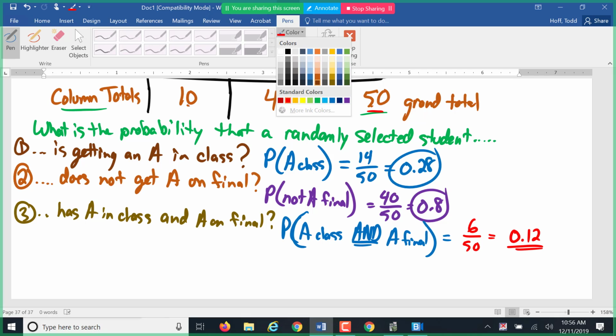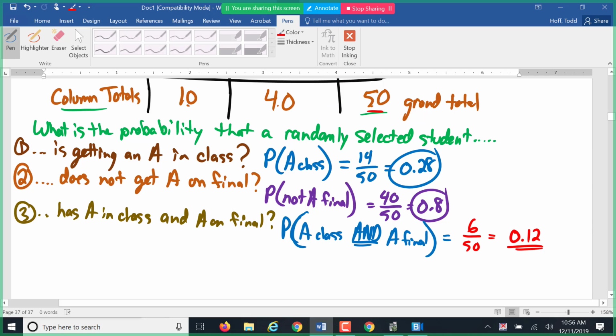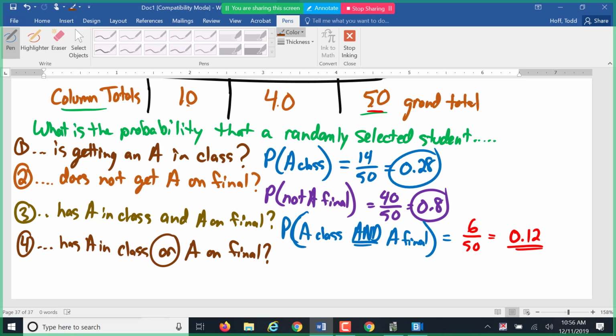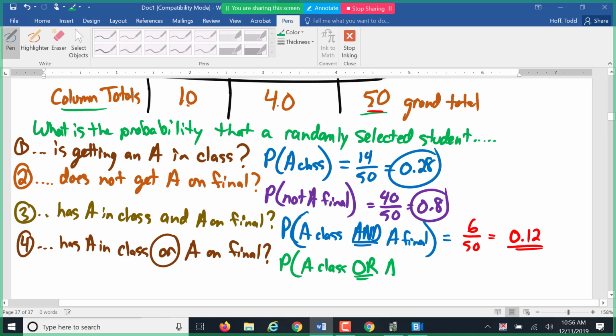A little bit tougher to calculate, which is weird because it seems almost like an easier problem, would be what's the probability that a randomly selected student has an A in the class, or, so that's the big difference here, an A on the final. Now that does not exclude both. They could have both an A in the class and an A in the final. But this is a probability of A in the class or an A in the final.